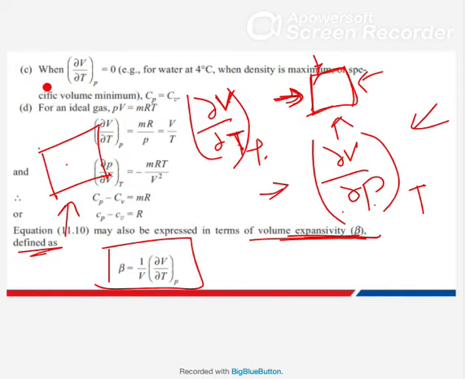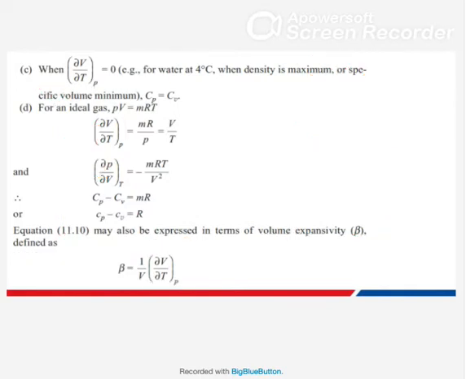The same thing was seen for water. Water has maximum density at 4 degrees centigrade, which is 1000, and the value of water density 1000 that we use is at 4 degrees only.